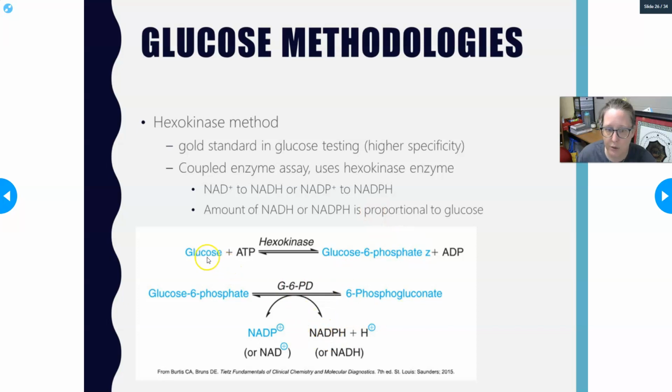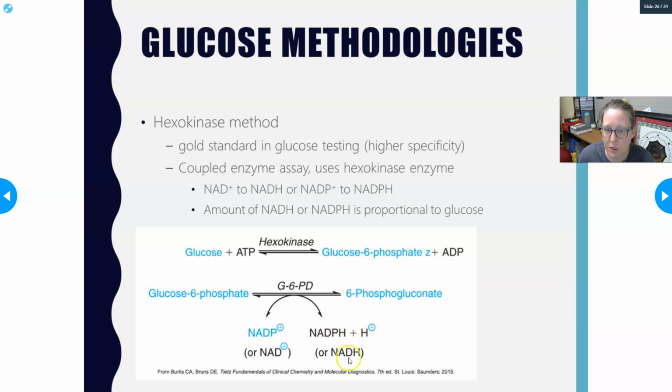These are the reactions. So glucose plus ATP, so the glucose in the sample plus ATP in the reagent, and the hexokinase in the reagent leads to the production of glucose 6-phosphate plus ADP. Glucose 6-phosphate then can react with another enzyme, which is G6PD, glucose-6-phosphate dehydrogenase, and the NAD or NADP in the reagent is producing NADPH or NADH, and this is what is being measured, and also produces 6-phosphogluconate.